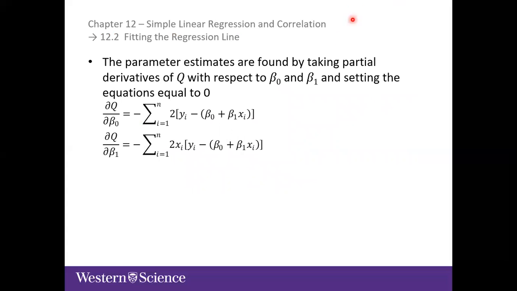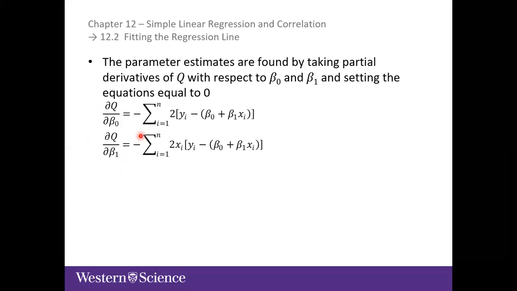So coming back to the least squares method, if we have the objective function Q, which was defined previously, what we require to obtain the minimum point is that we take the partial derivative of this objective function Q, the sum of squared error differences, with respect to the two model parameters, beta naught and beta 1.